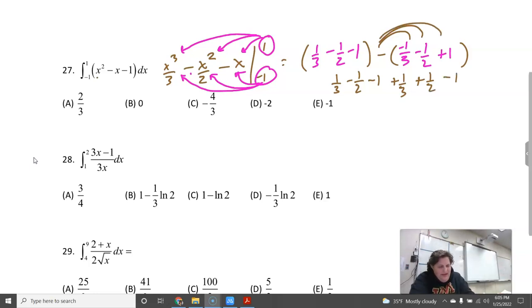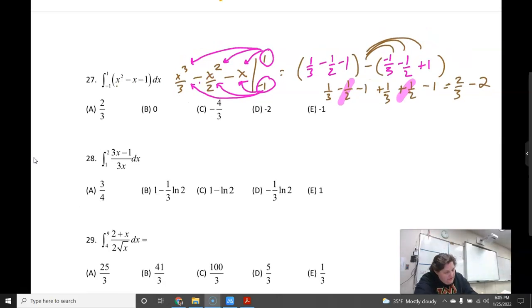The reason that helps me is because the 1/2 and the 1/2 go away. So 1/3 plus 1/3 is 2/3. -1 and -1 is -2, but at least now that's not as bad. So 2/3 and -2, I can make that 2 over 3 minus 6 over 3, which is -4 over 3.